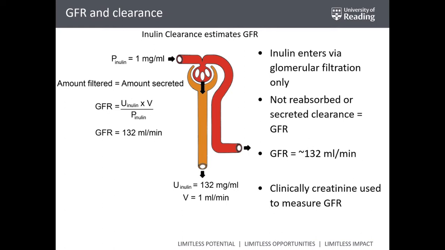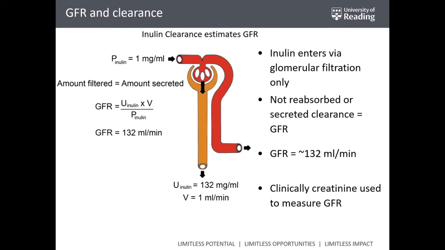of inulin is 1 milligram per milliliter in the blood, and then it gets fully filtered into the Bowman's capsule, then the concentration of inulin in the filtrate will be the same, okay? So inulin enters by glomerular filtration only, and is not reabsorbed nor secreted.